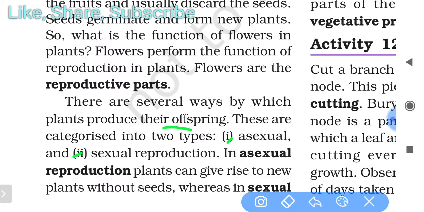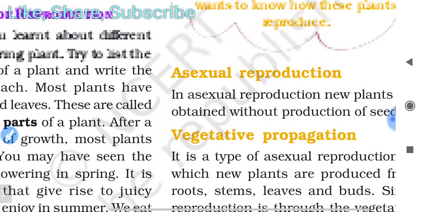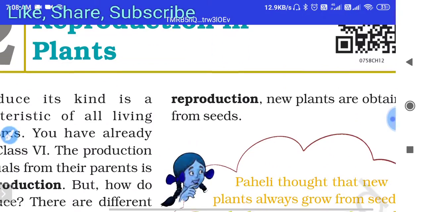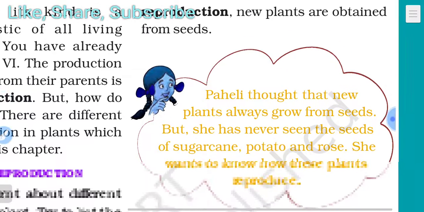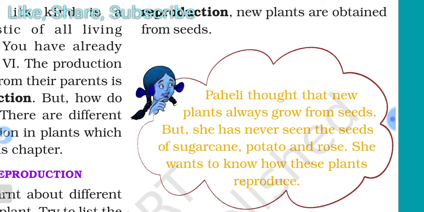In asexual reproduction, plants can give rise to new plants without seeds. Whereas in sexual reproduction, new plants are obtained only from seeds. So Paheli thought that new plants always grow from seeds, but she has never seen the seeds of sugarcane, potato, and rose.